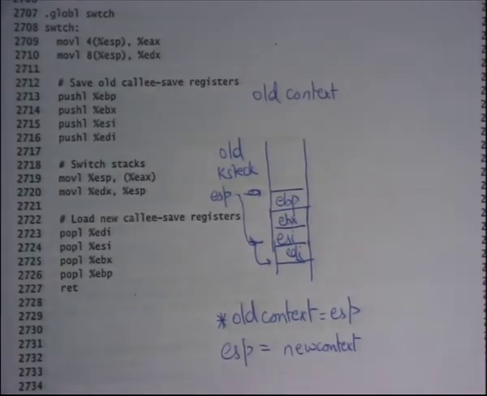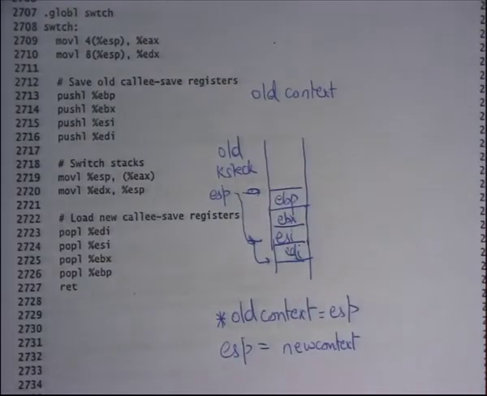Whoever called the switch function is the caller, and because he is following the calling conventions, he must have saved the caller saved registers, and he must have ensured that when he comes back from the switch function, he will reload the caller saved registers back. So as a function, I only need to worry about the callee saved registers, because I am a function, and I am assuming that the function calling conventions are being obeyed.